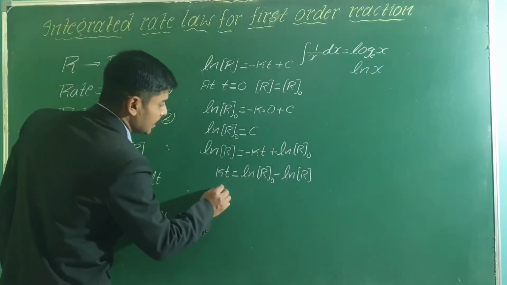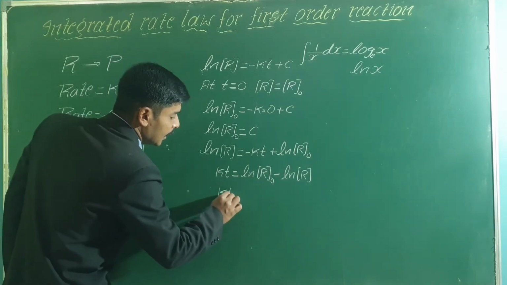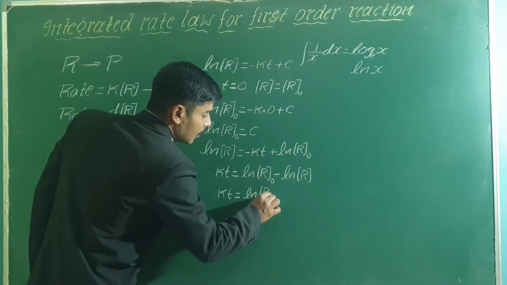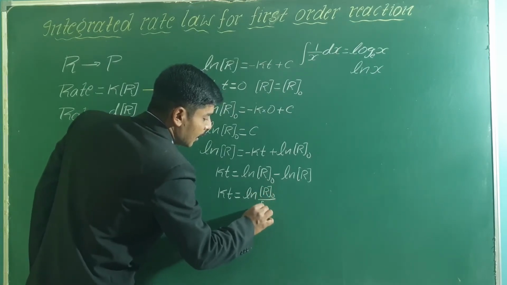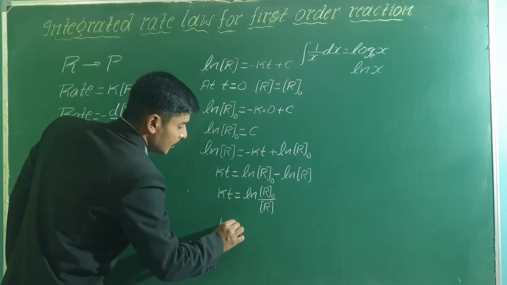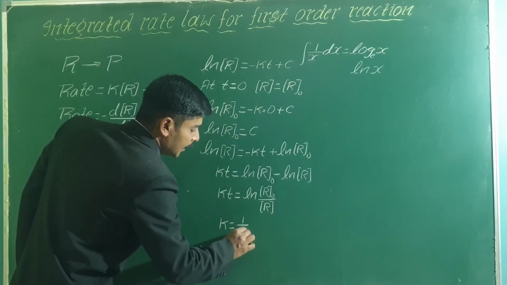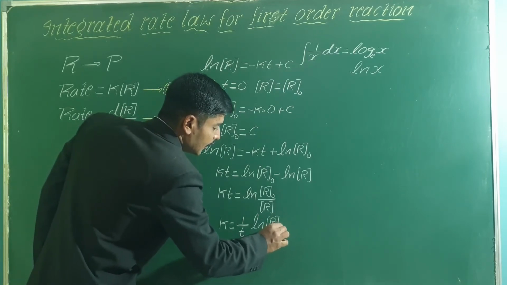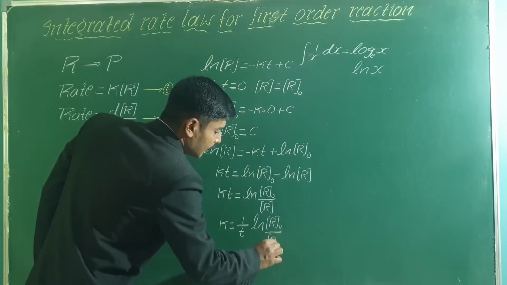So we can write this as Kt is equal to ln of R0 by R, or K is equal to 1 by t ln R0 by R.